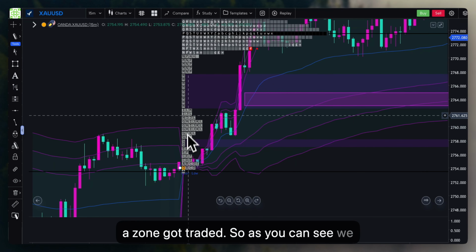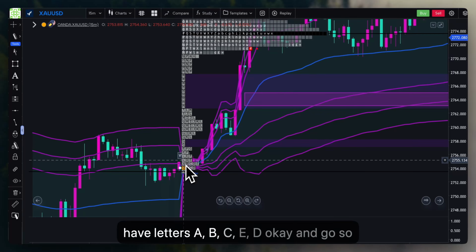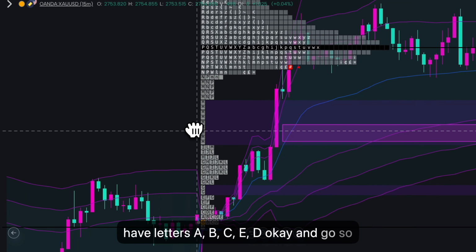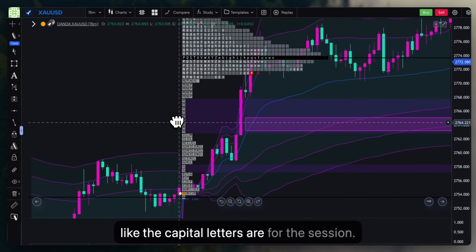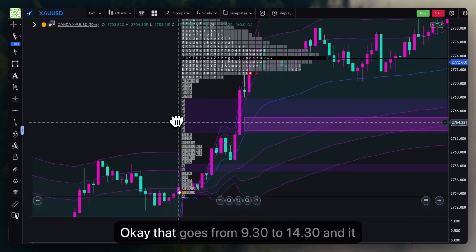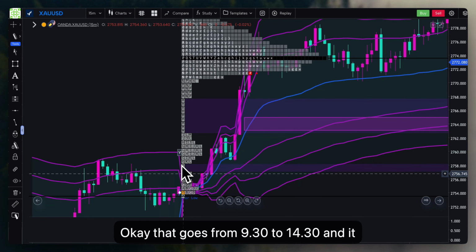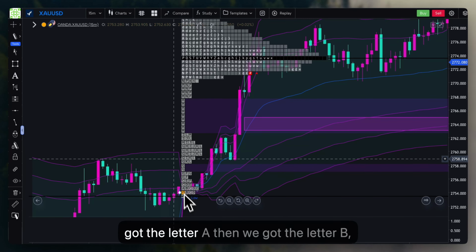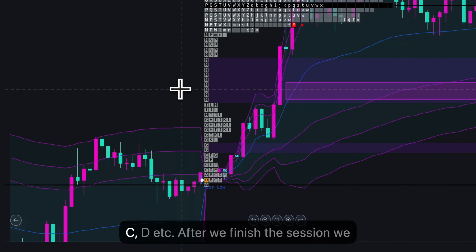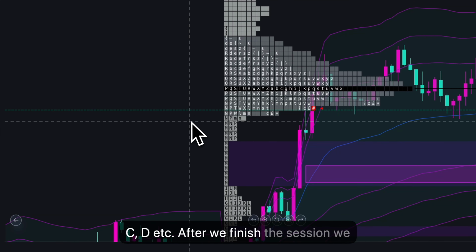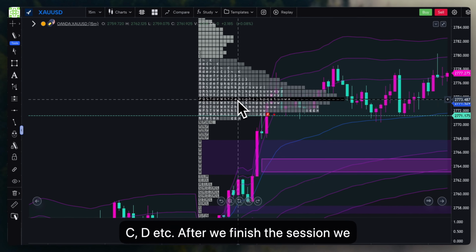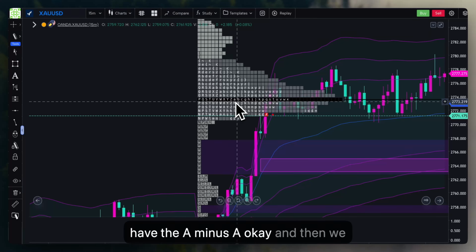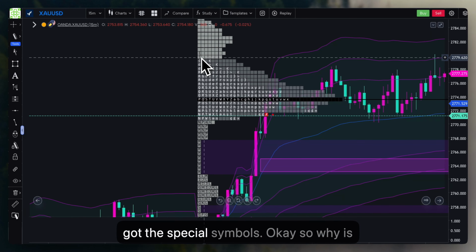As you can see, we have letters A, B, C, D. The capital letters are for the session, that goes from 9:30 to 14:30, and it starts with the A. So from 9:30 to 10 we got the letter A, then we got the letter B, C, D, etc. After we finish the session, we have the A minus A, and then we got the special symbols.